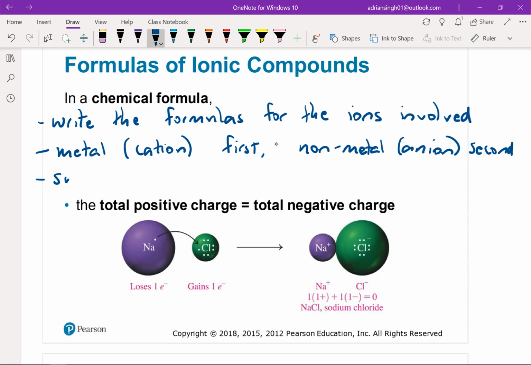And then we're going to use subscripts to tell us how many of each of those ions come together.